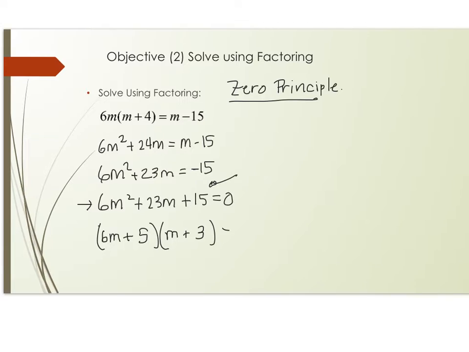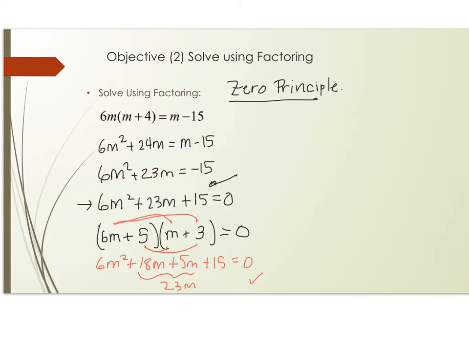And you want to check to see if, in fact, your factors work out. So when we FOIL back into this, we get 6m squared plus 18m plus 5m plus 15 is equal to 0. And this gets to be 23m, so we're okay.